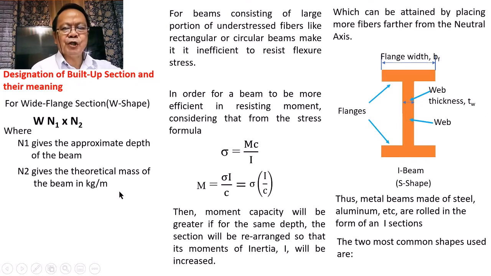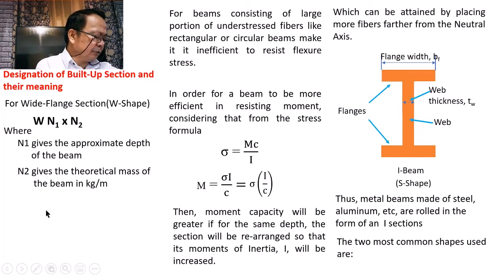How heavy it is, its mass is given in terms of kilogram per meter when our section is in SI. If it is in English, it will be given in terms of pound per linear foot, depending on which manufacturer provides that kind of section.